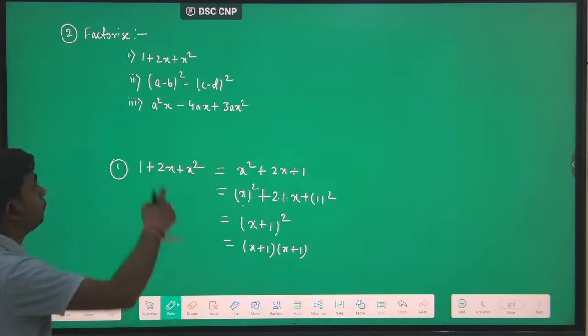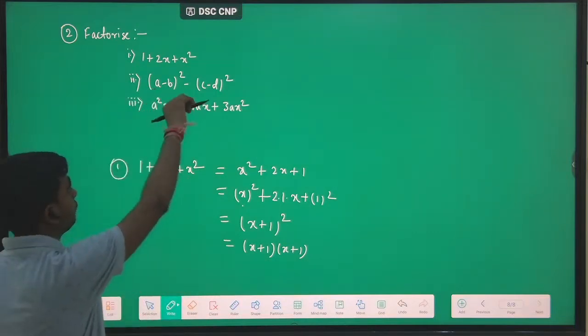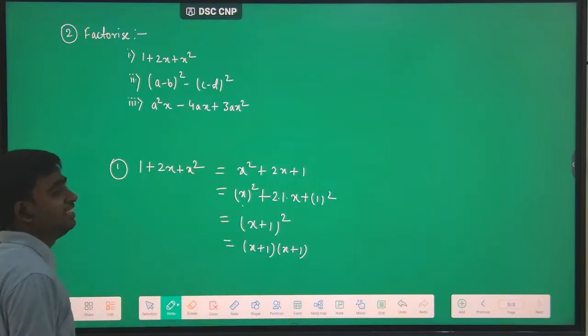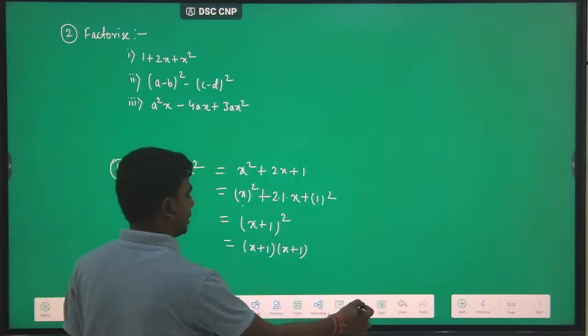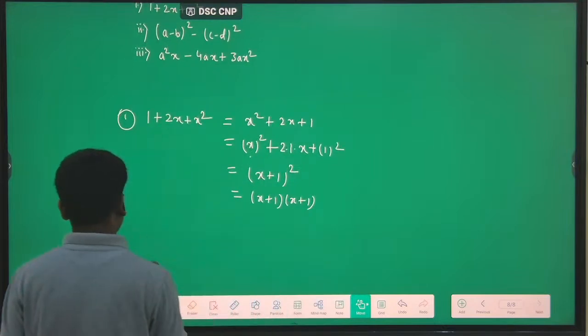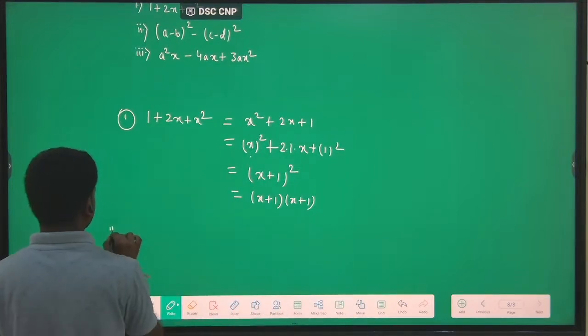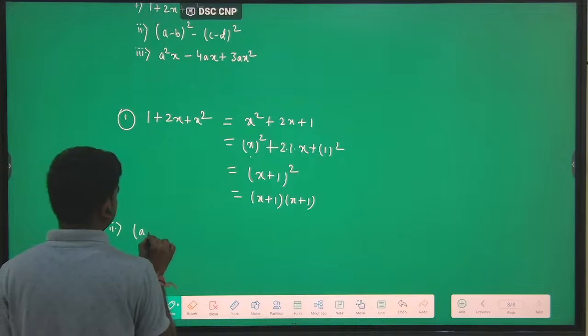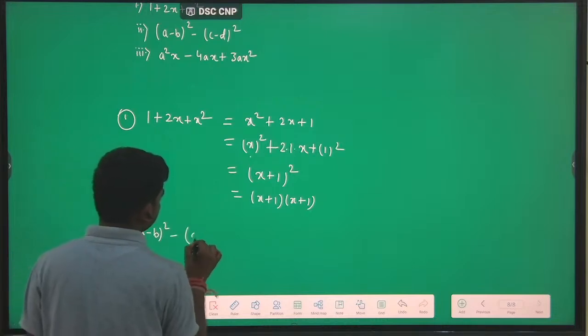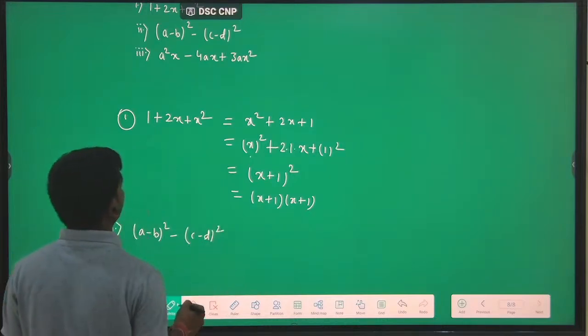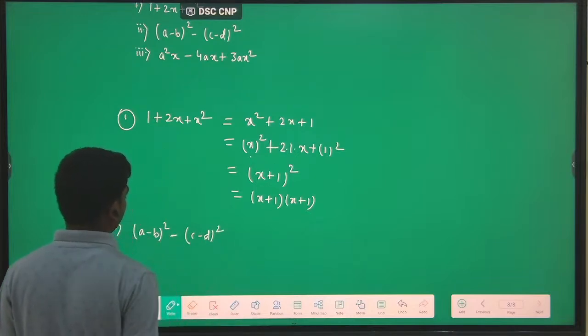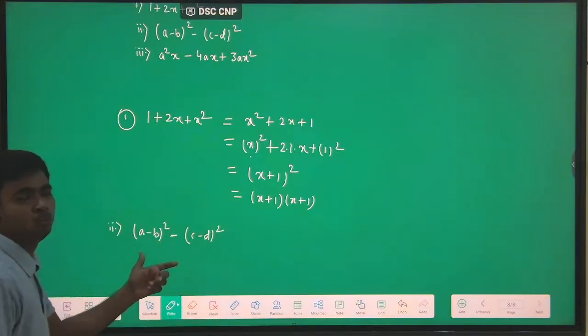Now we have to find out the factors of a minus b whole square minus c minus d whole square. Our second question is we have to factorize a minus b whole square minus c minus d whole square. So what we can do?